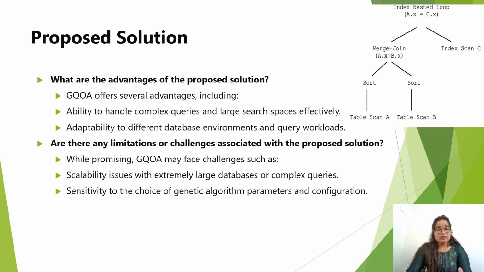Also, the advantages of this proposed solution are that it offers us different types of advantages: we can solve complex queries, handle a large search space, meaning there are different batches available, and adapt to different database environments and query workloads.